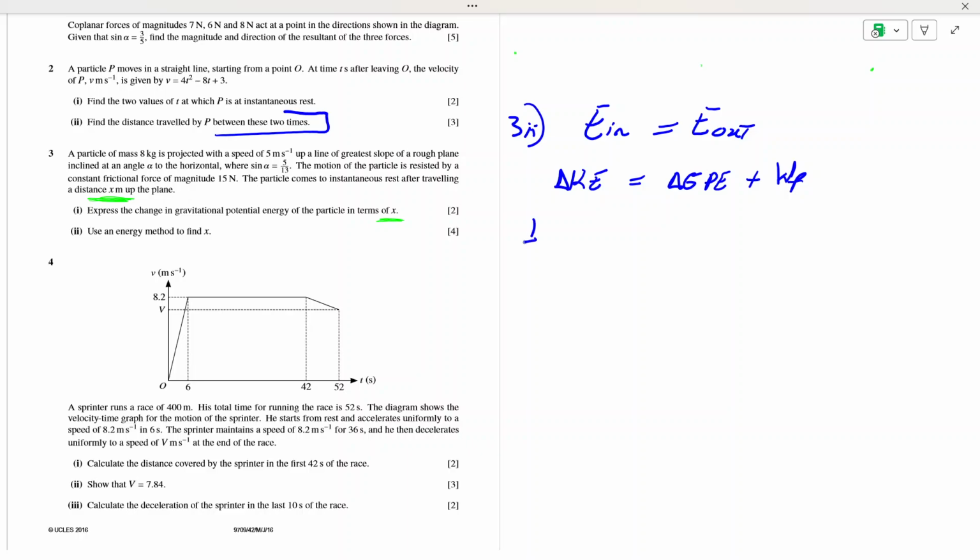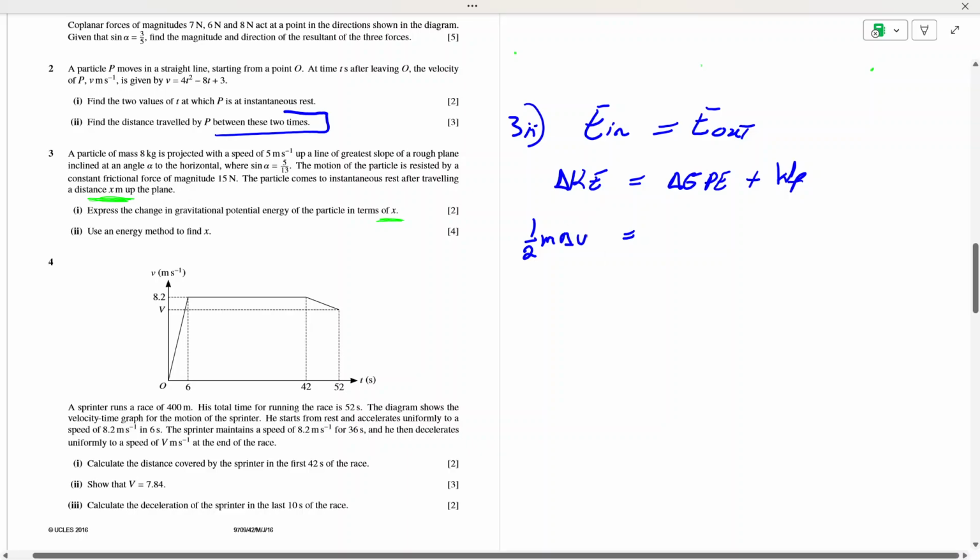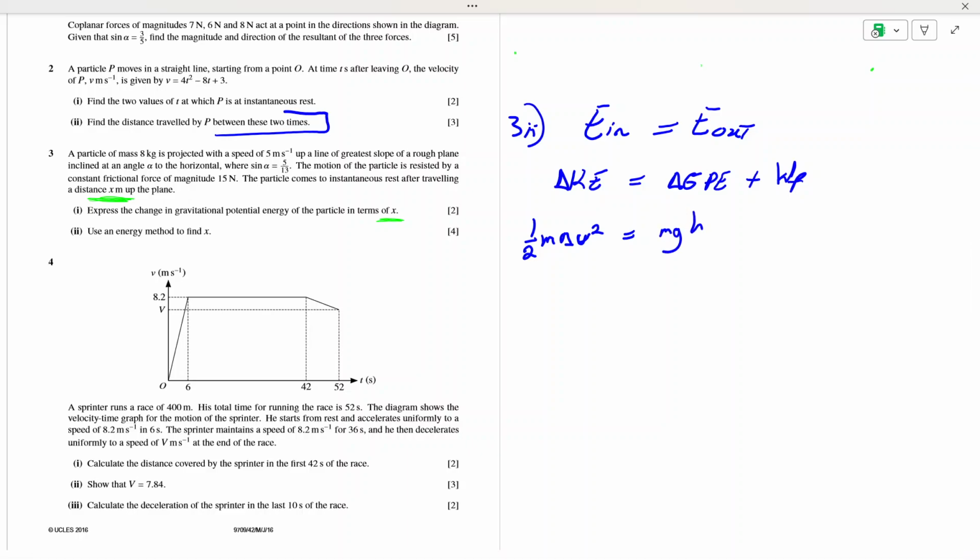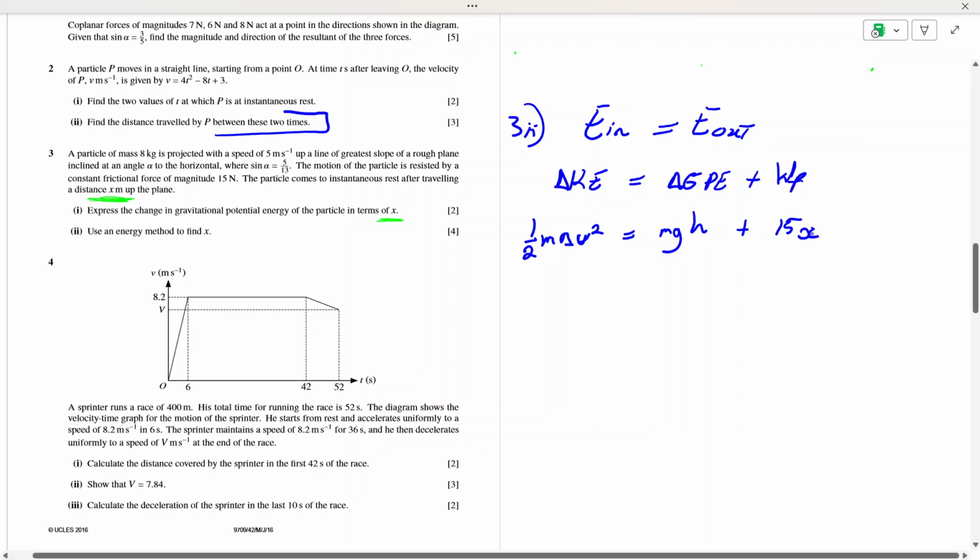So we're going to use the equation: half mv squared, the change in kinetic energy, is equal to mgh plus the work done, which is force times distance. The distance it will traverse up the plane is x. So this is the work done due to friction.